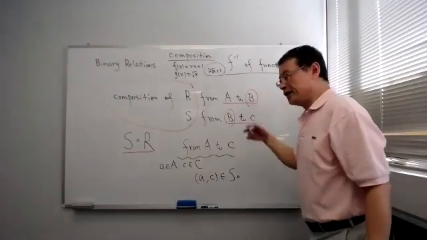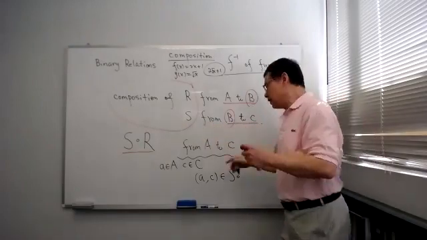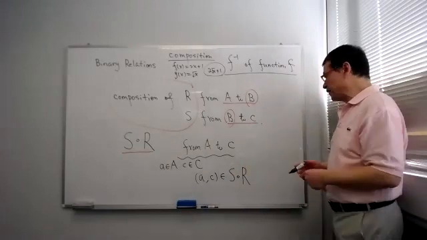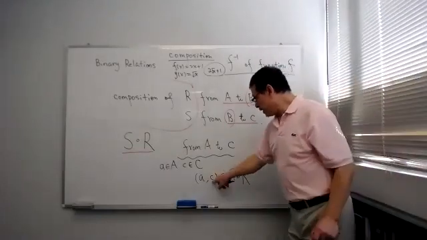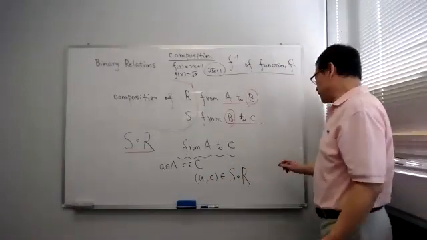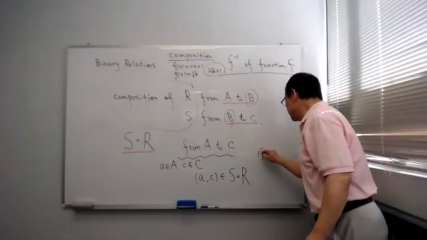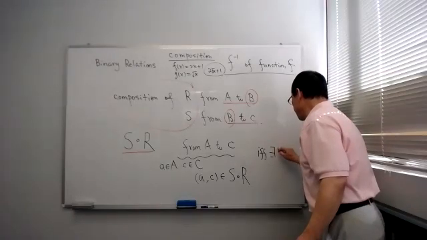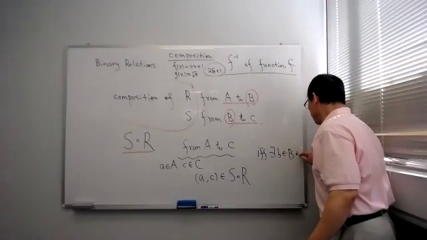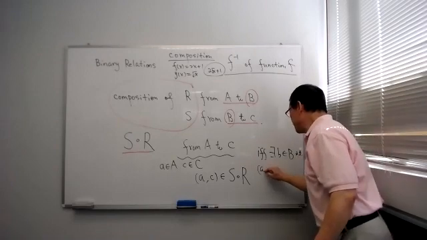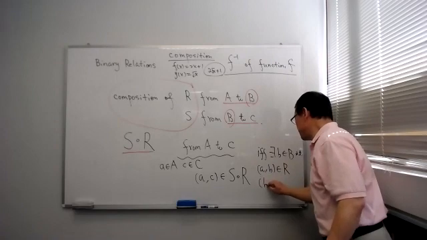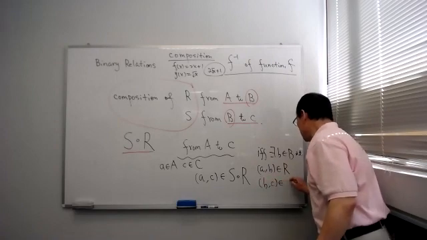Here I will not use infix notation because it looks a little bit strange. Just use the original definition. (a, c) belongs to this relation if and only if there exists a b such that a is related to b by R and b is related to c by S.